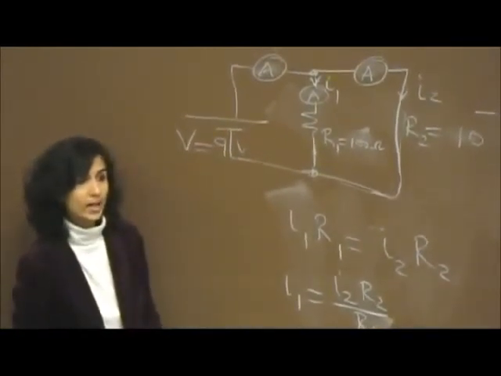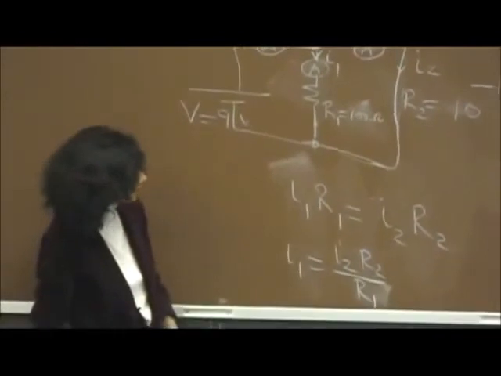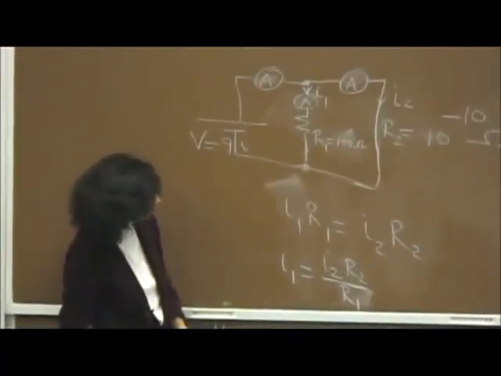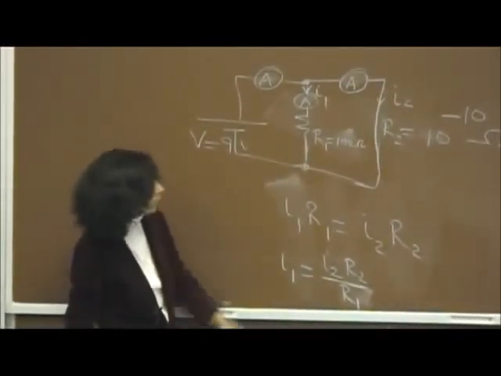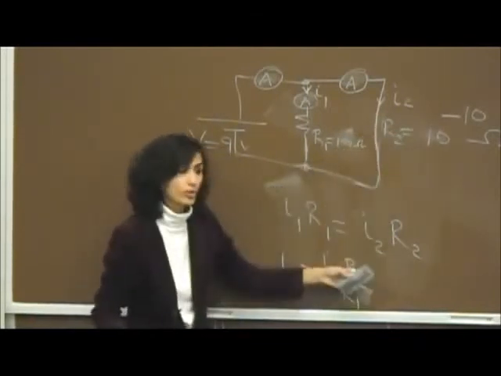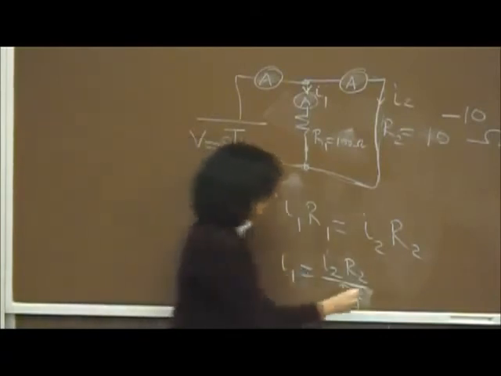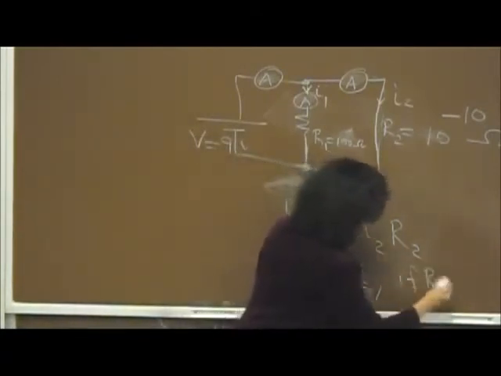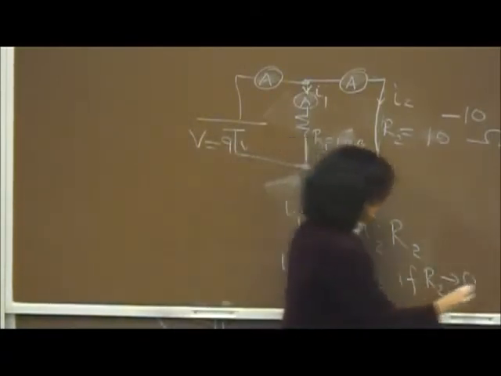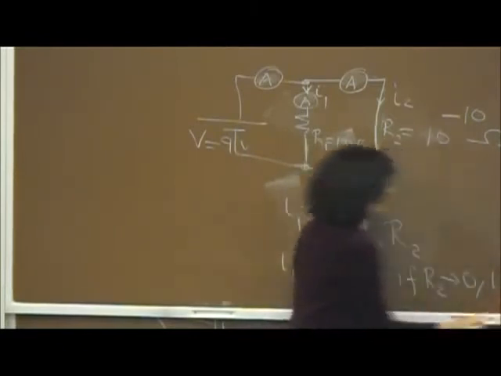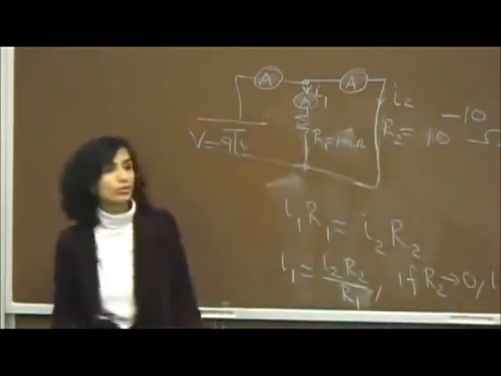So is everybody appreciating that since R2 is so small, almost 0, I1 is almost 0? That means there's no current flowing through the other parallel branches when there's a short circuit.